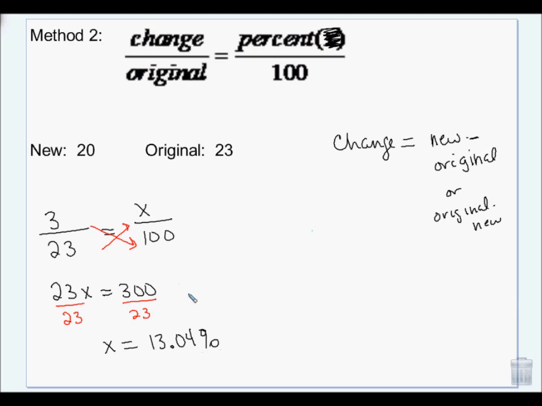Now, the thing with this is, with the other method, if it's positive, you know it's an increase. If it's negative, you know it's a decrease. This won't tell you that. So you have to just look: the new is smaller than the original, so this is a decrease.